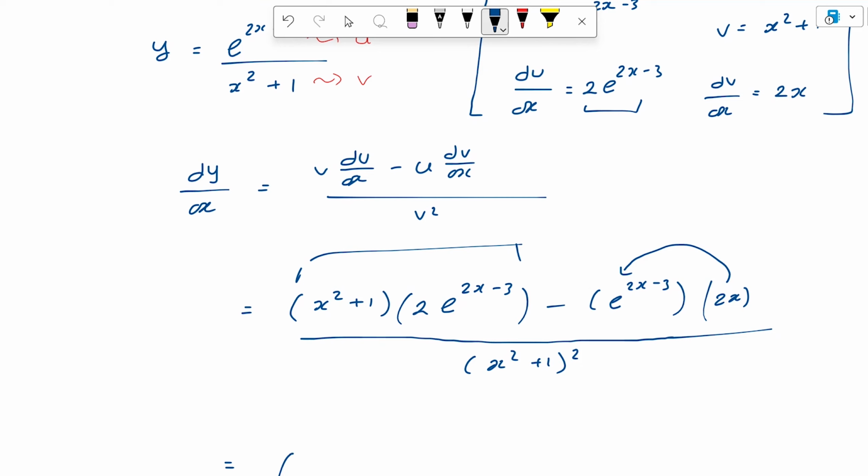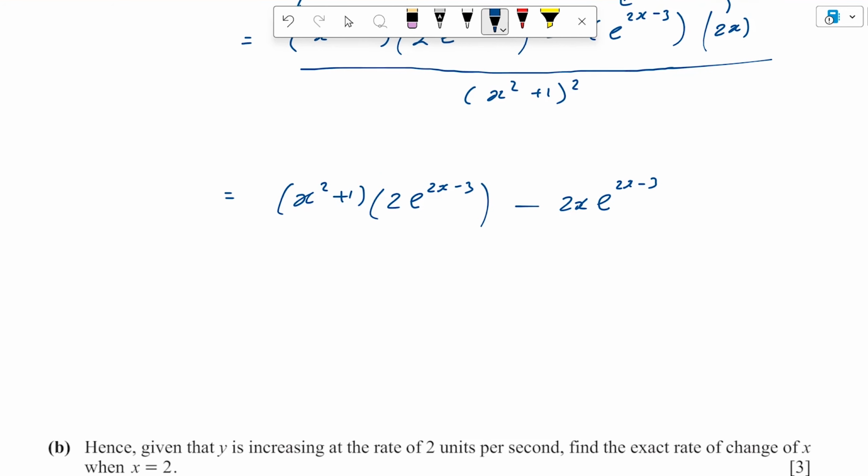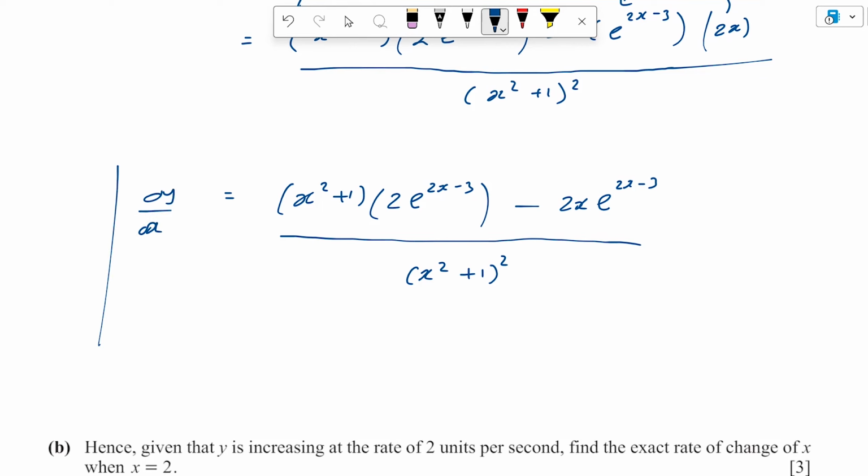So x squared plus 1, 2e raised to the 2x minus 3 minus 2x e to the 2x minus 3, over x squared plus 1. That is your dy over dx.